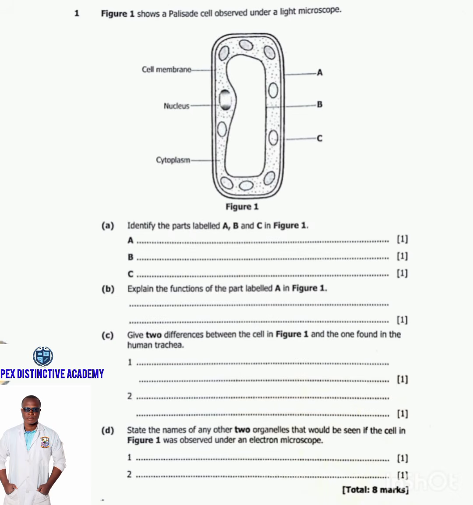Okay, question D, state the names of any other 2 organelles that would be seen if the cell in figure 1 was observed under an electron microscope. So this cell, take note, was seen under a light microscope.